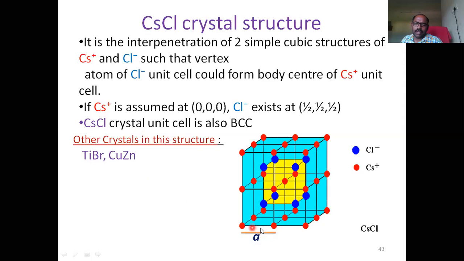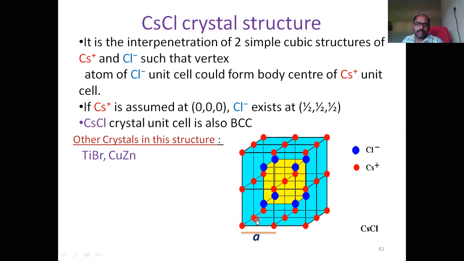So we are taking this length as lattice vector A. Now in this case, it is one unit cell in 3D.